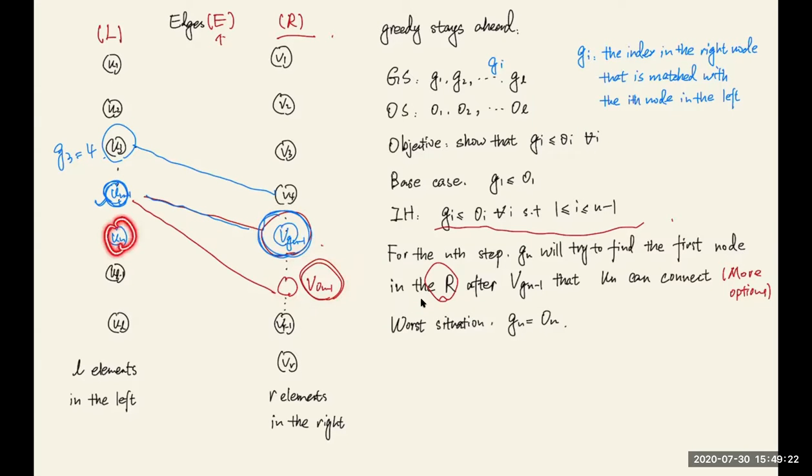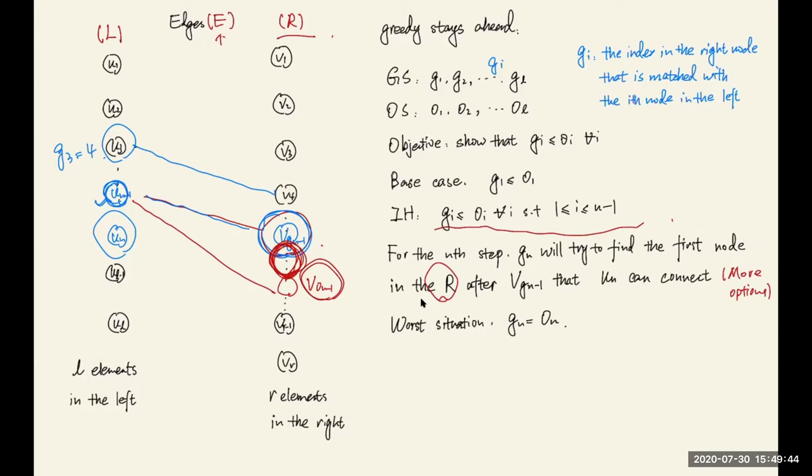For the nth node in the left, if we're using the greedy strategy, we can consider all the nodes here, but for other strategies, they cannot consider all the nodes here.